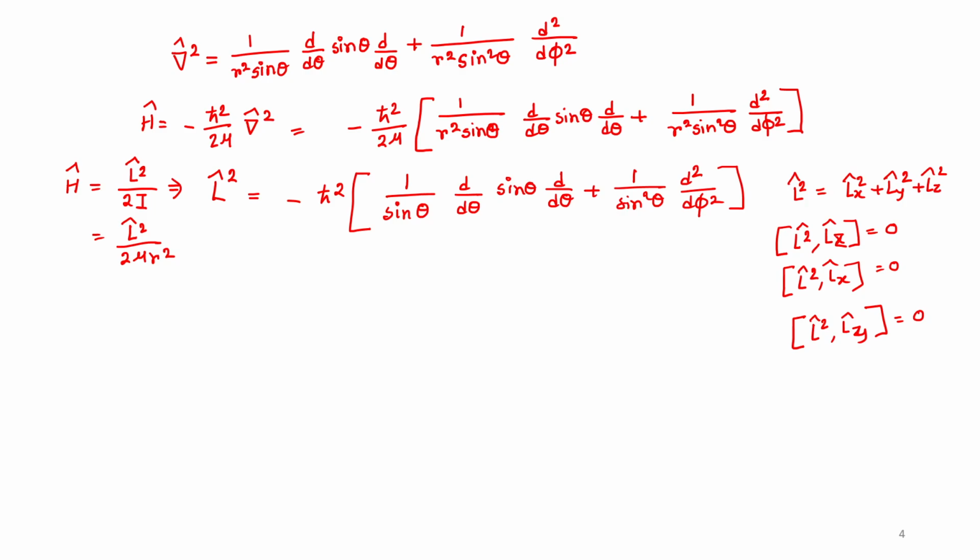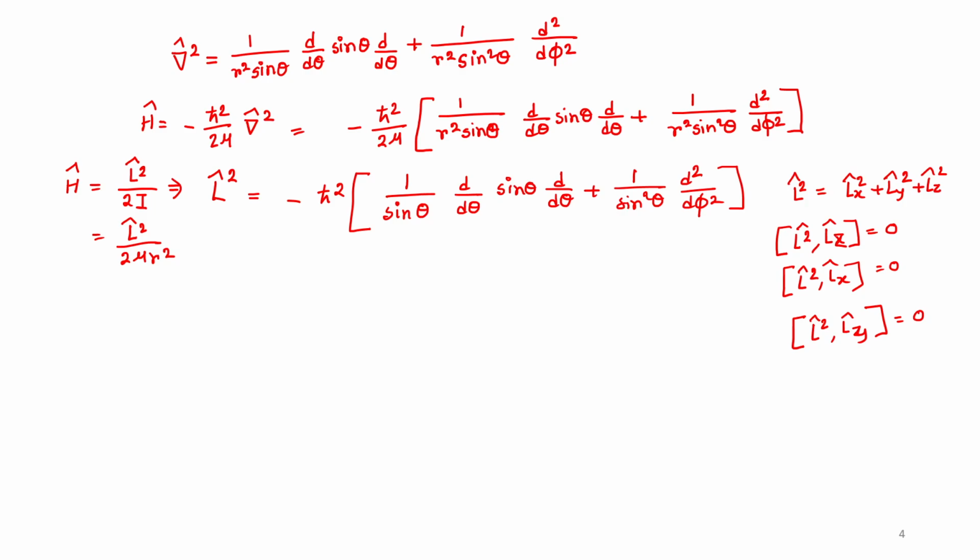So when they commute, they have a common set of eigenfunctions, which Sir has already proved. And as they have a common set of eigenfunctions, they can be simultaneously measured, so there won't be any uncertainty.